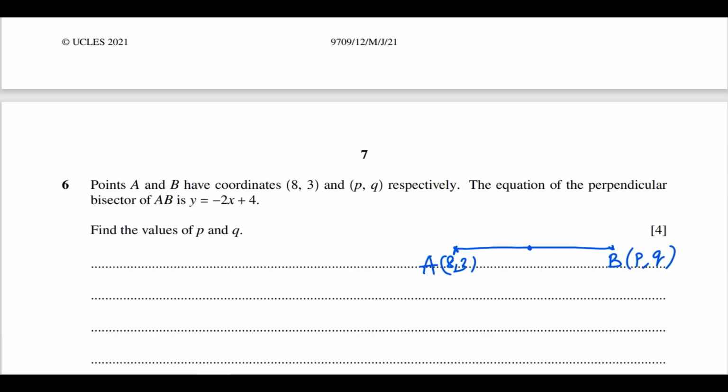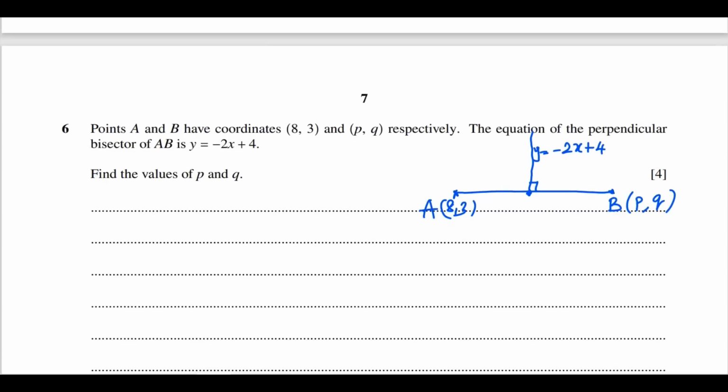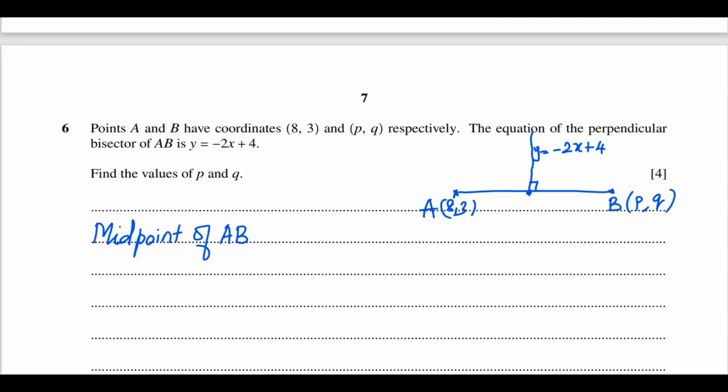So this is the midpoint, perpendicular bisector. Okay, this equation is y is equal to minus 2x plus 4. This is the midpoint of A and B. So first we will find out what is the midpoint of A and B. Midpoint of AB is P plus 8 divided by 2, comma Q plus 3 divided by 2.